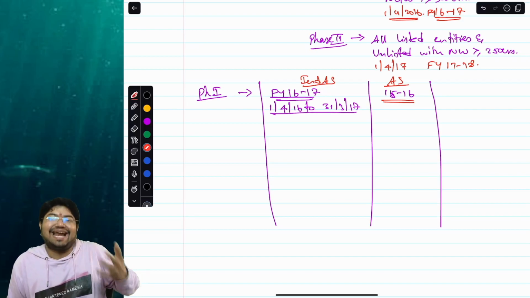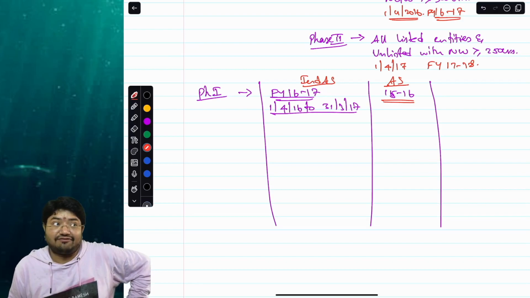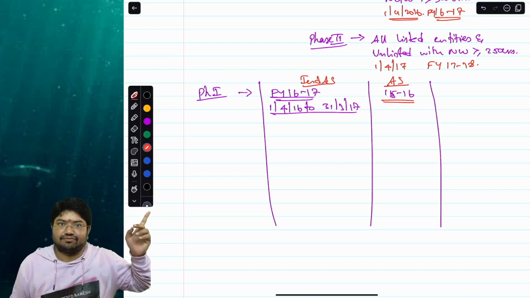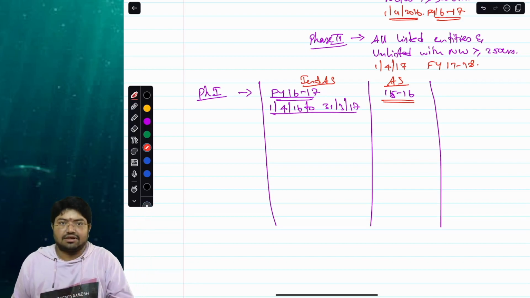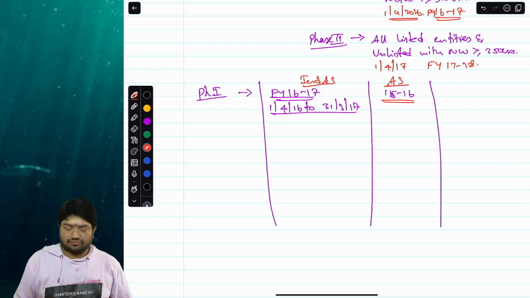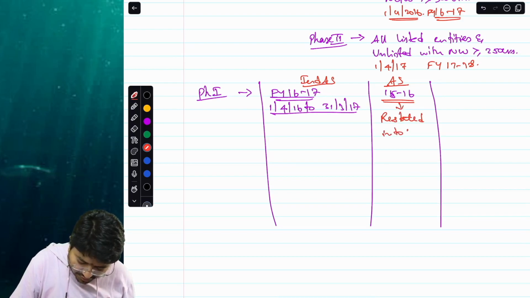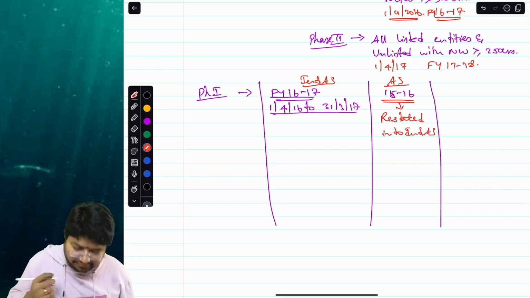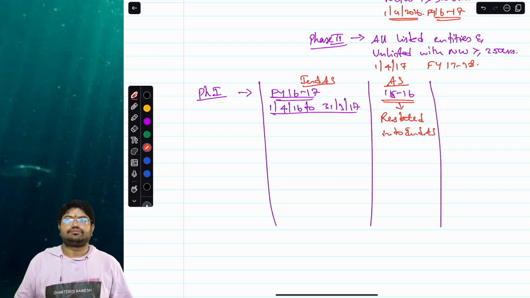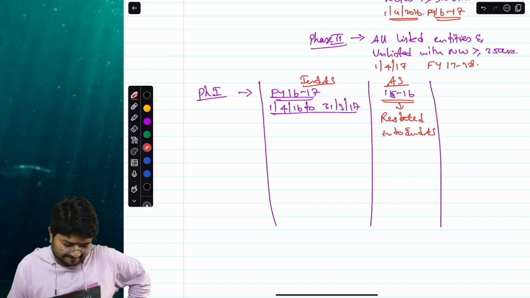You should restate 15-16 data, which is earlier there in AS, under Ind AS for comparison in 16-17. Okay, this should be restated into Ind AS. Okay, this is the second important thing.